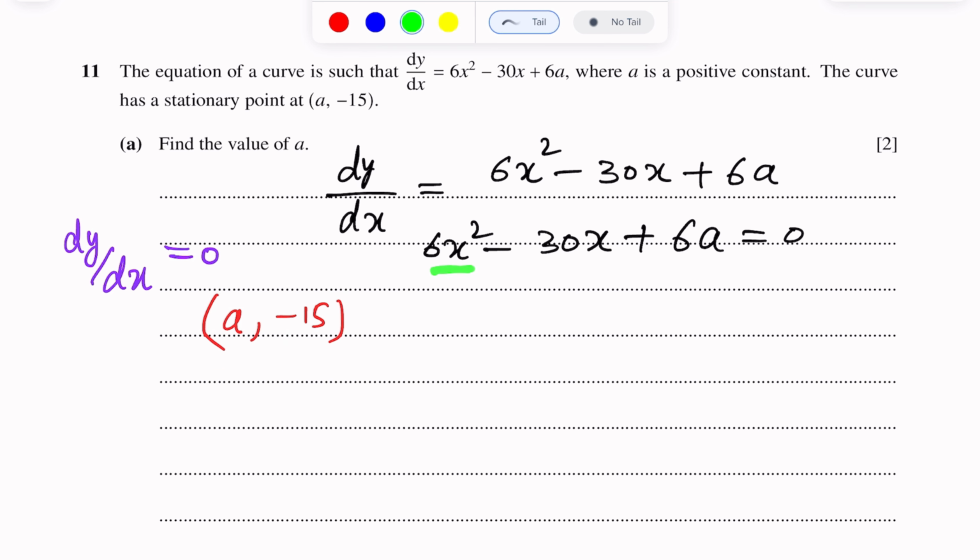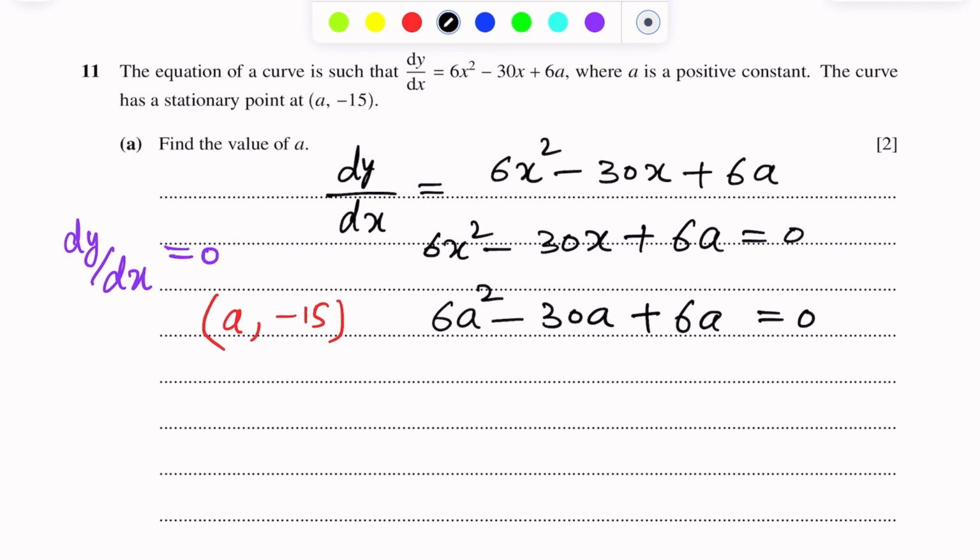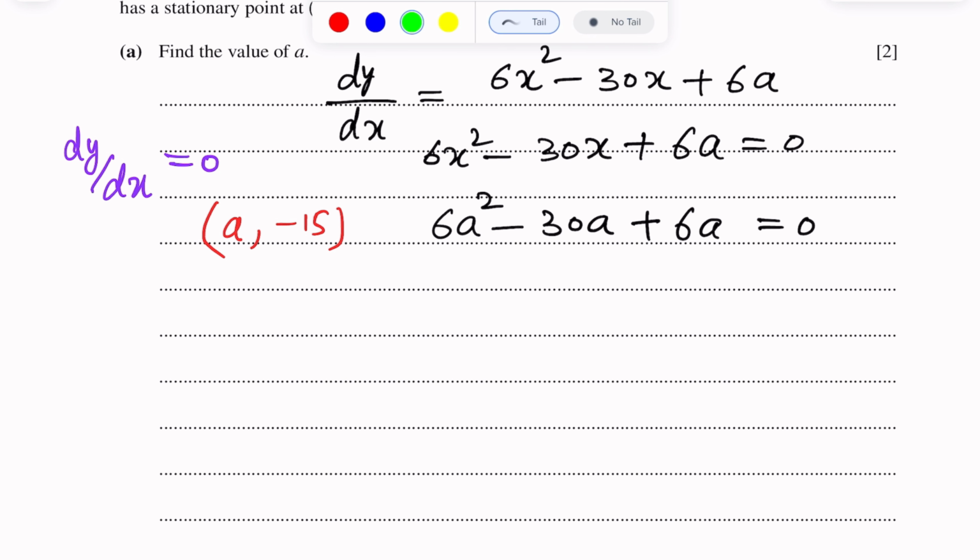Putting here the value of x, a is the value of x, this equation becomes 6a square minus 30a plus 6a is equal to 0. Simplifying it, minus 30a plus 6a, that is minus 24a. So 6a square minus 24a is equal to 0.